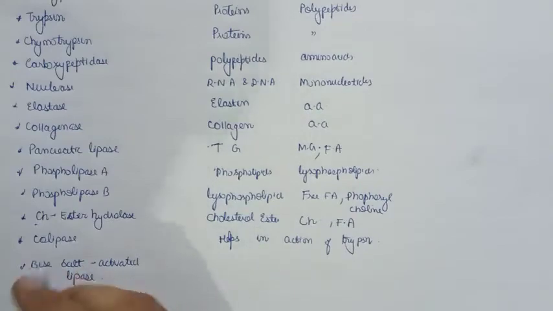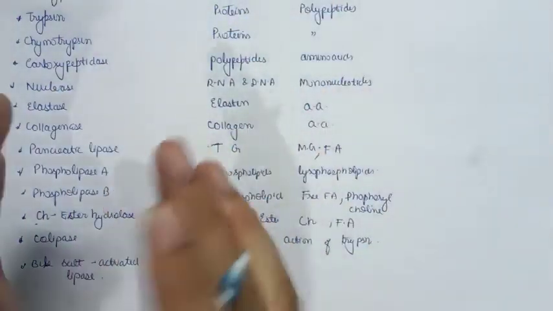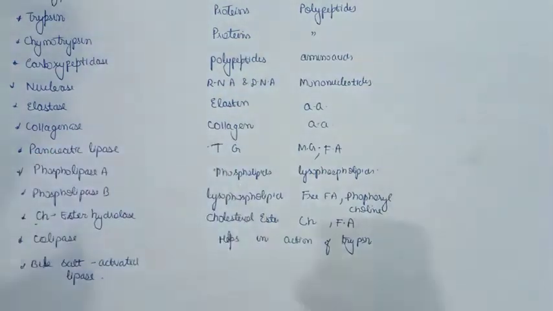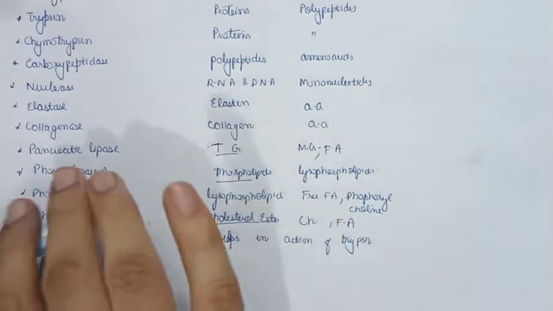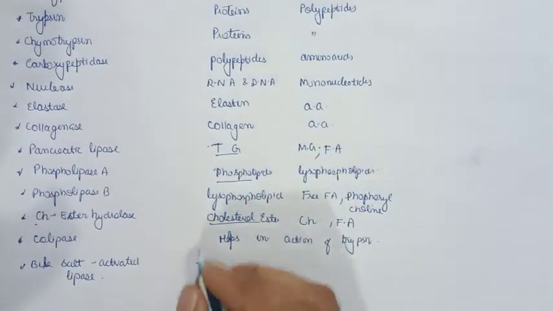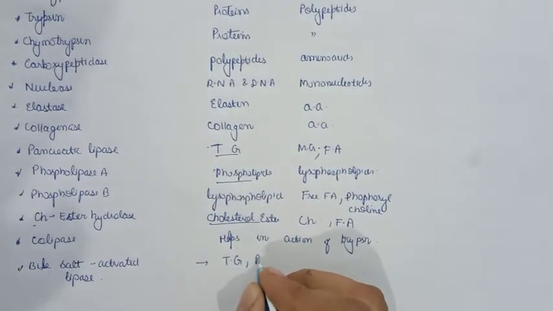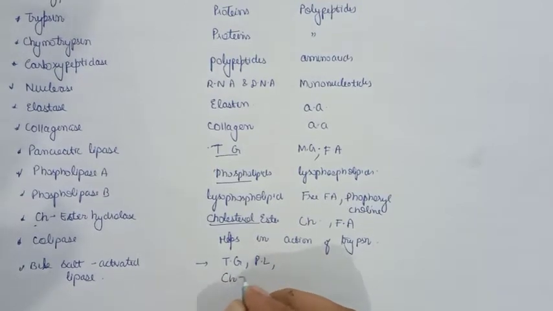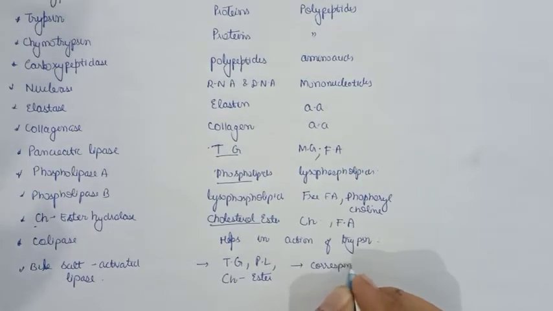And the last one is the bile salt activated lipase. It acts on a group of substrates and converts them into end products. Bile salt activated lipase acts on three substrates: phospholipid, triglyceride and cholesterol ester. So it is actually a combination of the above three, converting them into their corresponding products as described above.